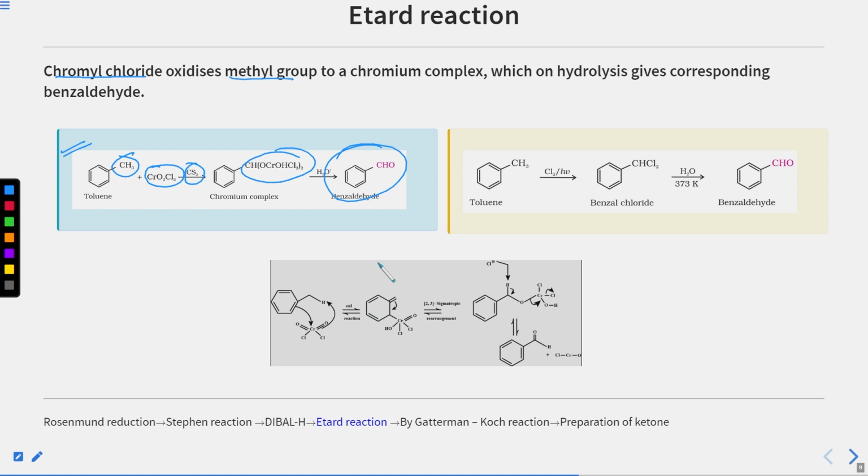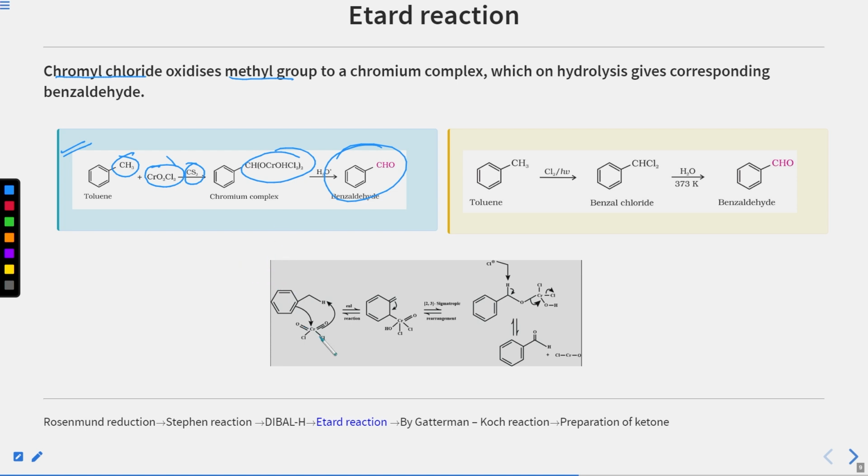The amount of substance formed is very close to your expected product. There is no loss during the formation of an intermediate, because an intermediate can break back to your reactant. But since it goes in one step, the yield is very high for this kind of reaction. And if you see such a solvent, then you can think of this reaction.